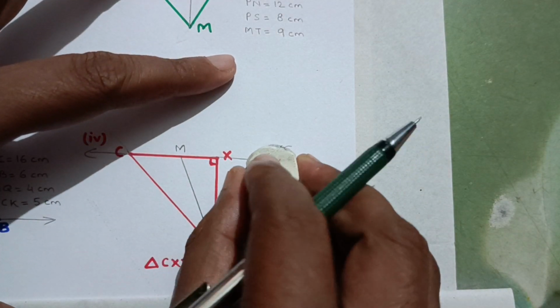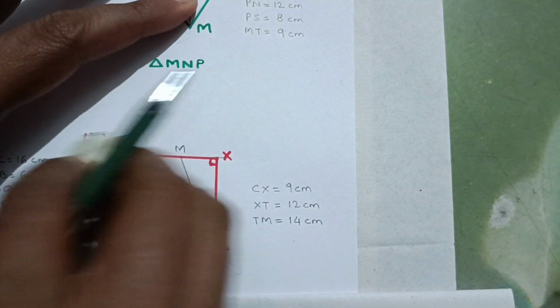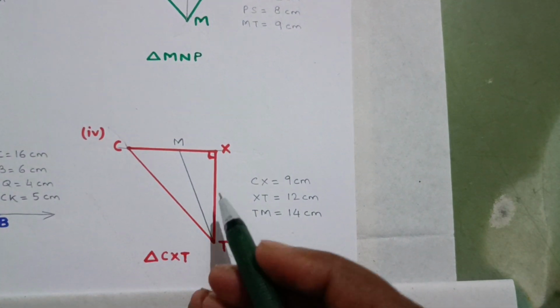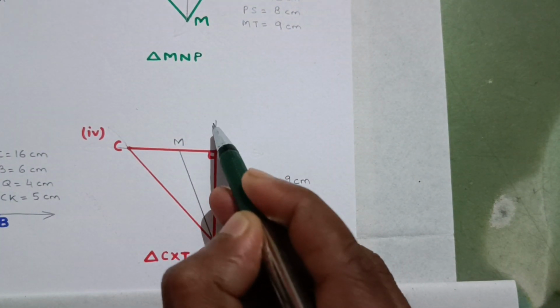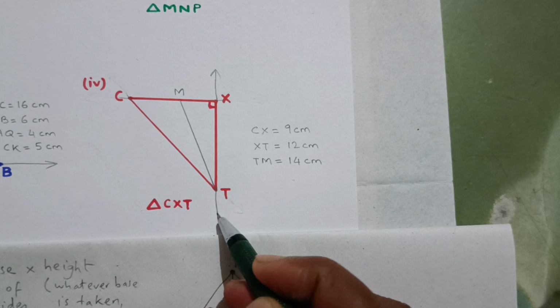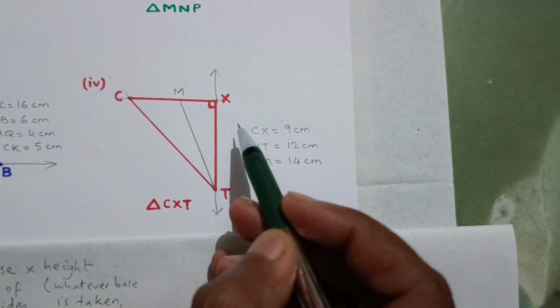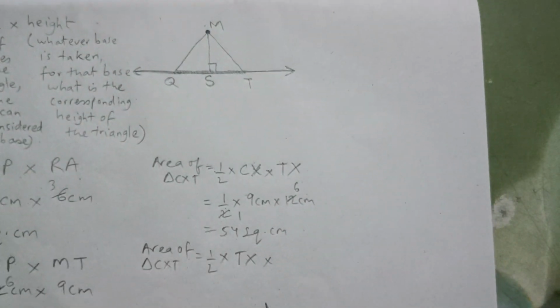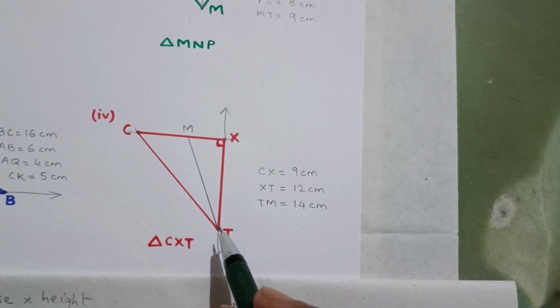So first let me rub this out. Now I will draw that line. So I will extend the line in both the directions. Okay. So on this line Tx sits. Now for Tx we have to find the corresponding height.